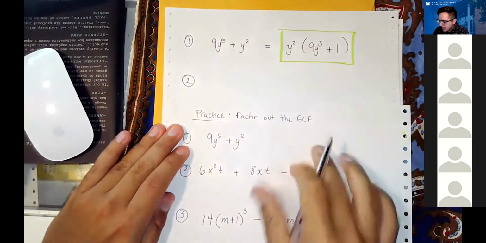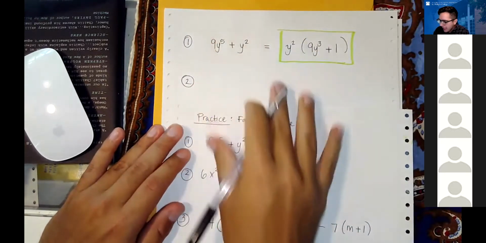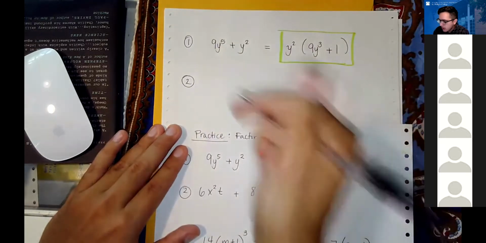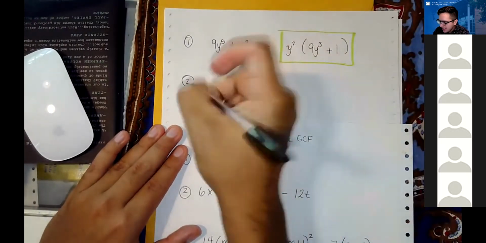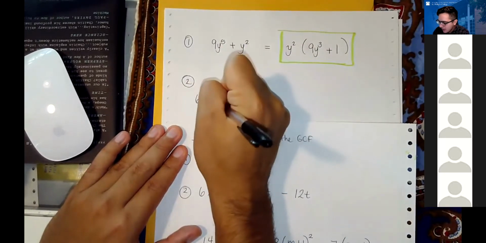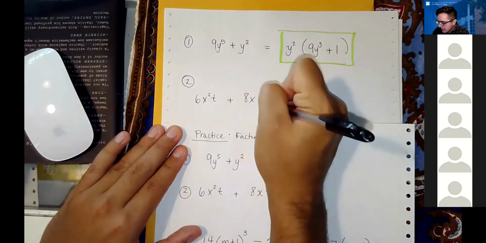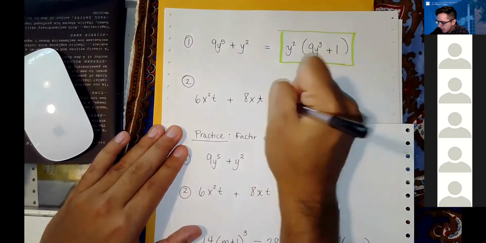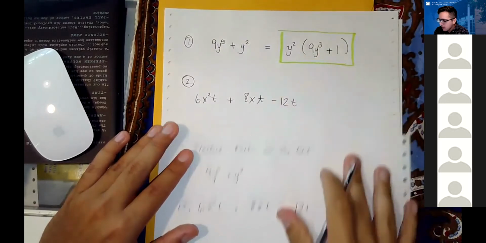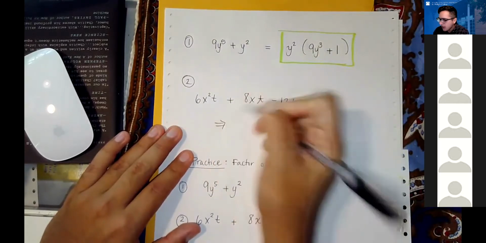For the second problem, we had a trinomial, so 3 terms, 6x squared t plus 8x t minus 12t, and we sort of wanted to write that as a product.